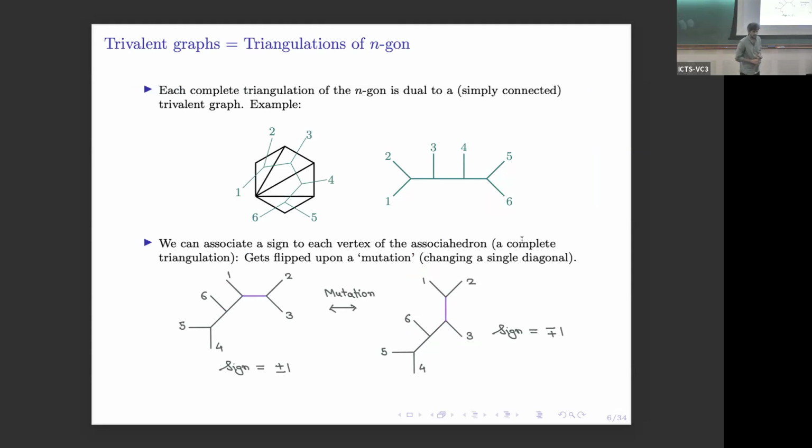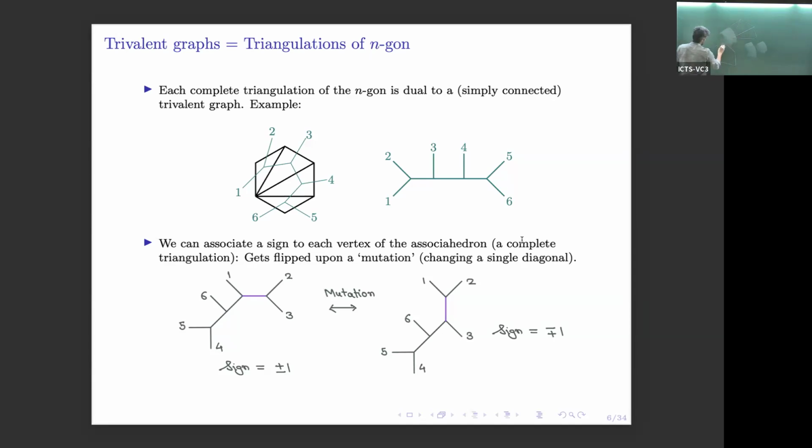I had this other not so general question, which is that I didn't understand what you meant by this mutation. So you take a complete triangulation and then do what? By mutation, I just mean this: let's say you have this particular complete triangulation, and I say, what are the possible mutations for this one?